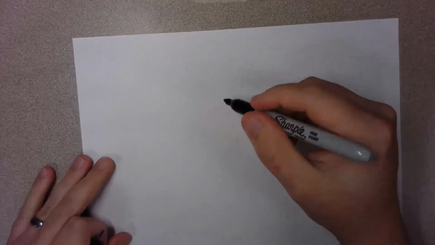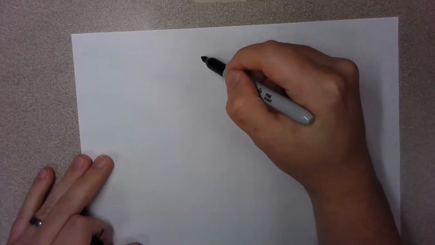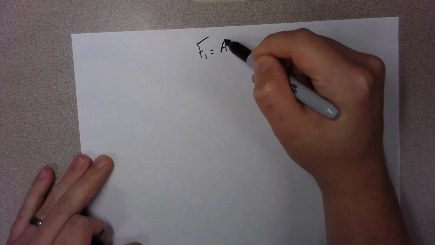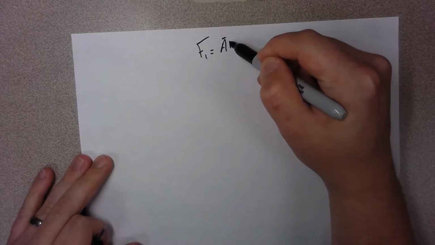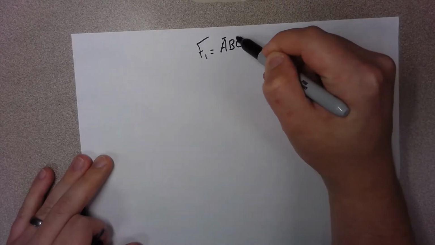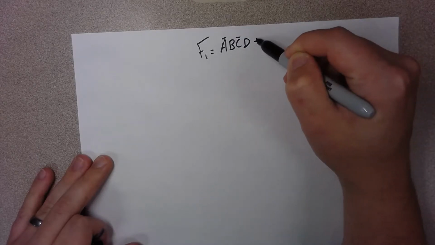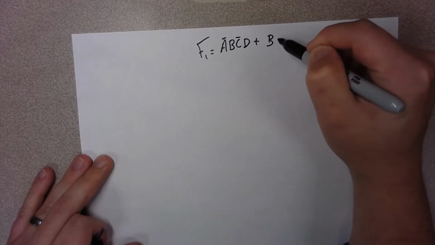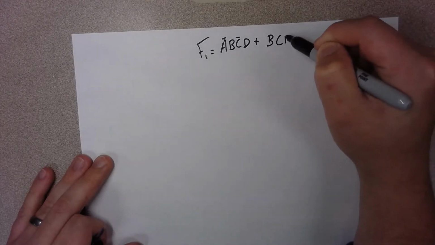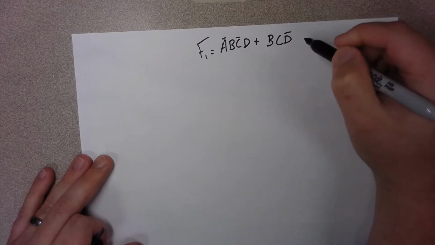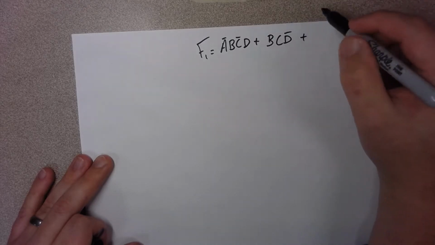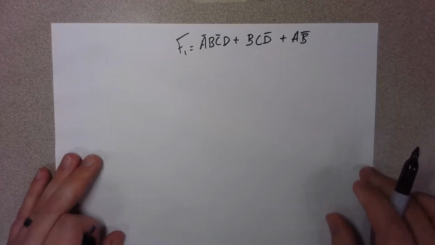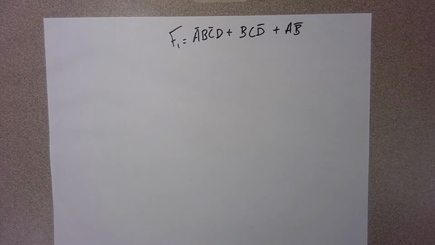If we have the logic expression: not A and B and not C and D, plus, or, B, C, not D, and then or A, not B. So that's going to be our logic expression.